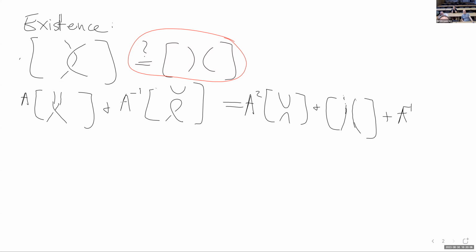Okay, but now I want to do this calculation because it's of interest on its own. I want to understand what that is. Well, how much is that? You can do A. And then what do you have?